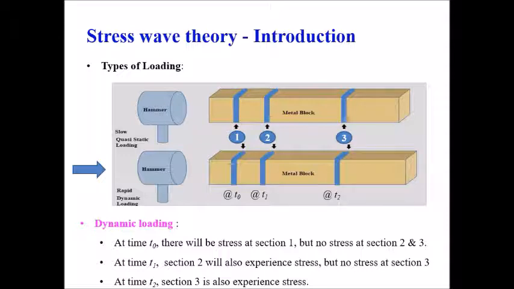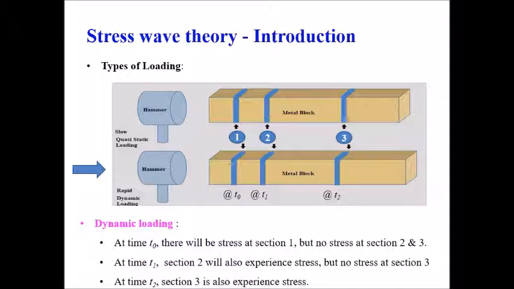Now, let's say we have applied a rapid, dynamic load at the end of the metallic bar. At the time t0, at section 1, there will be a stress. However, at that particular point of time, t0, there won't be any stresses at section 2 and section 3.